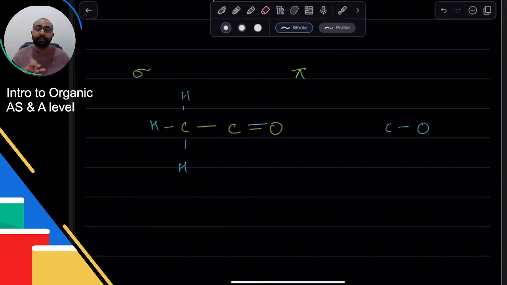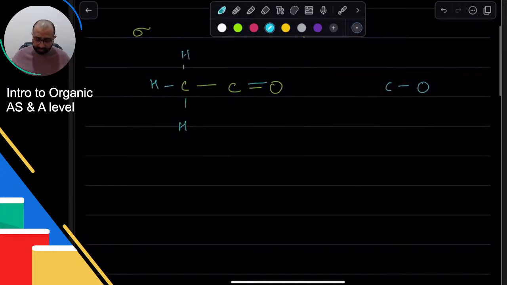We can measure the bond energy of the whole thing. But we do understand that pi bond is relatively weaker and it's easier to break just the pi bond compared to just the sigma bond. So the energy required to break this bond altogether might be more than the energy required to break just this bond.